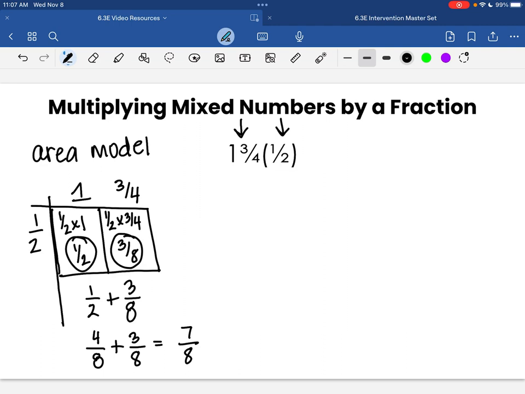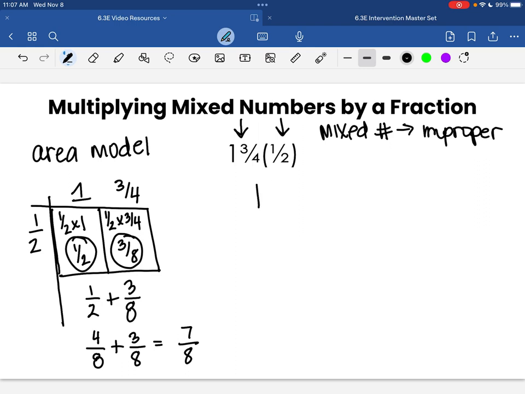Another way that we could do this is turning my mixed number into an improper fraction. So if I go from mixed number to improper, I'm going to look at 1 and 3/4.